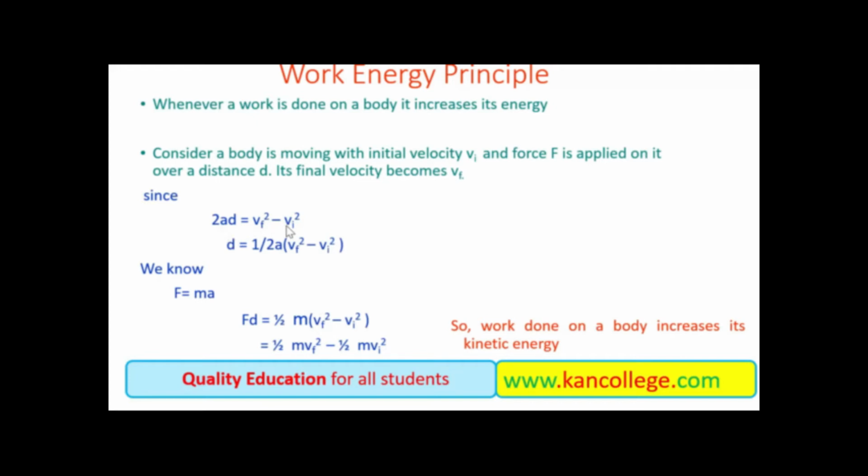According to the second equation of motion, we know that 2as is equal to Vf square minus Vi square, where s is equal to d. So putting the values of different parameters, we get distance is equal to 1 over 2 acceleration into Vf square minus Vi square. As we have applied the force F on the mass m, we can write F is equal to ma, where a is the acceleration produced in that mass.